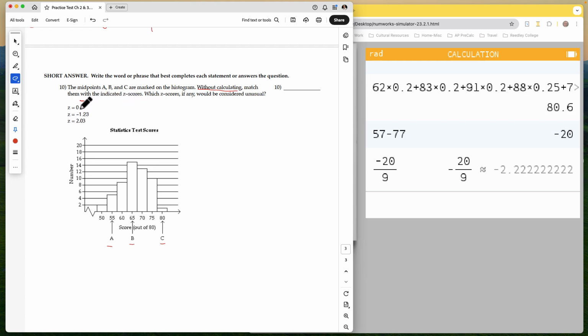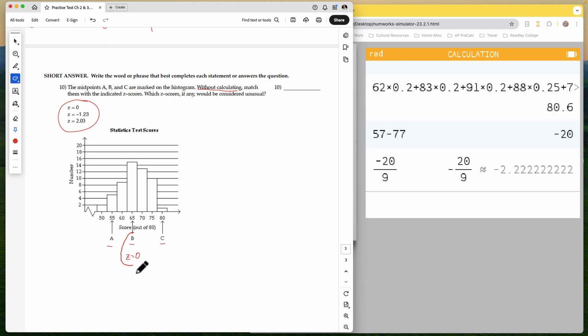So here's our z-scores, and so we've just got to match, and it's just kind of knowing what's going on here. So we can see sort of the middle, right? The mean primarily is what we're using with histograms, that's got to be B, and a z-score is going to be 0.